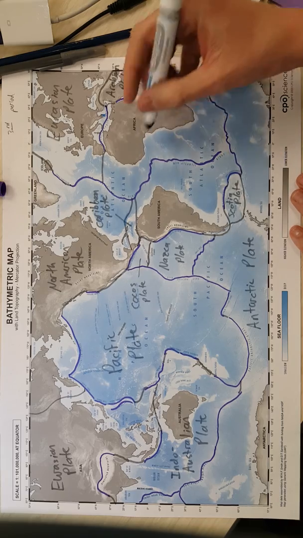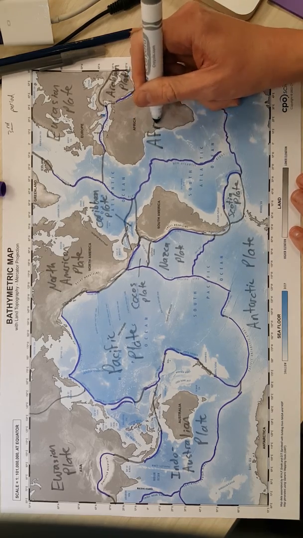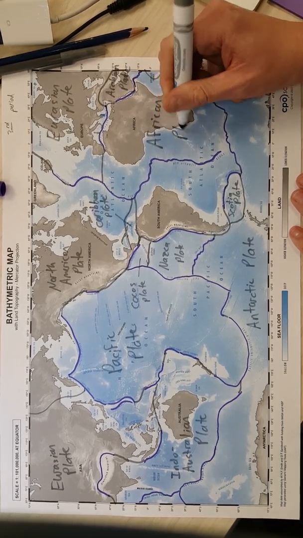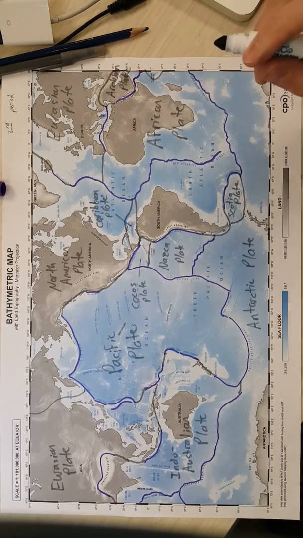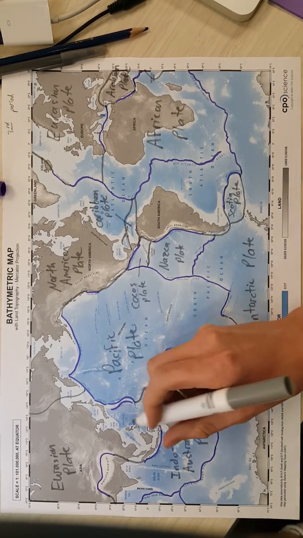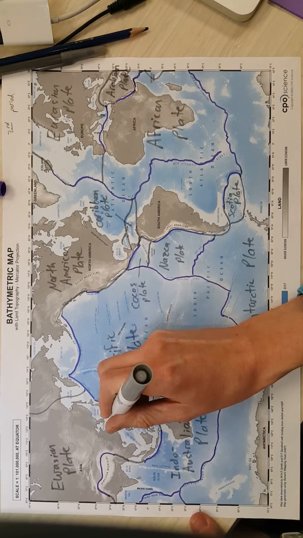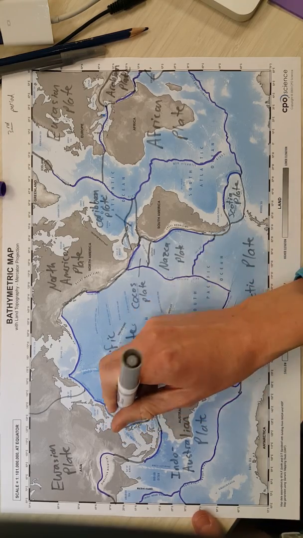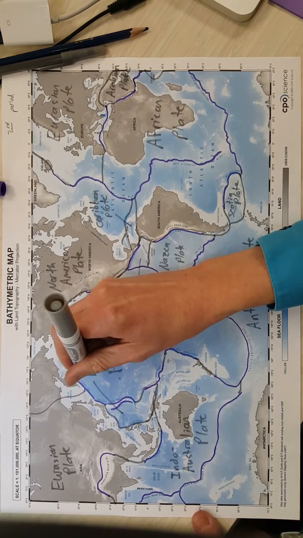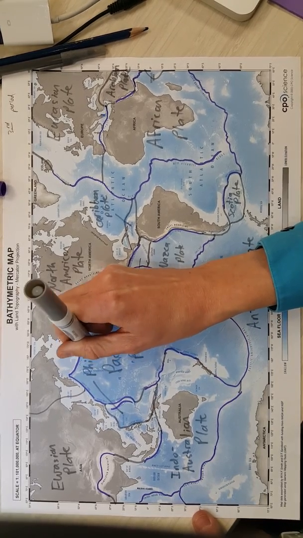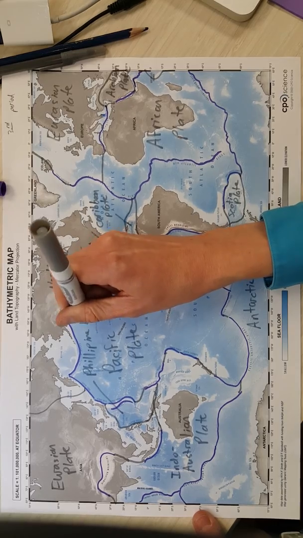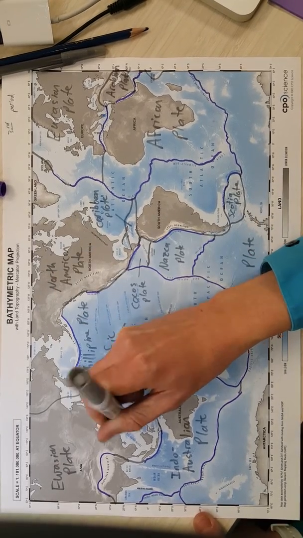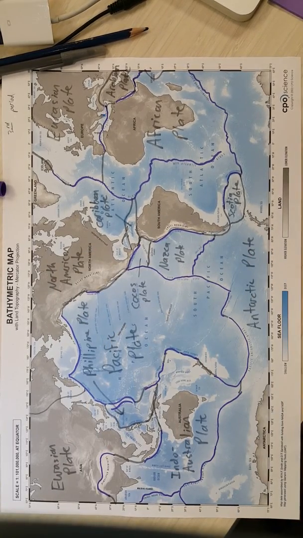And then this one is fully enclosed already, that's the African Plate. And then one little one over on this side, we have a trench that we can follow around here. And this is the Philippine Plate. Here we go. So now we have all the tectonic plates mapped out.